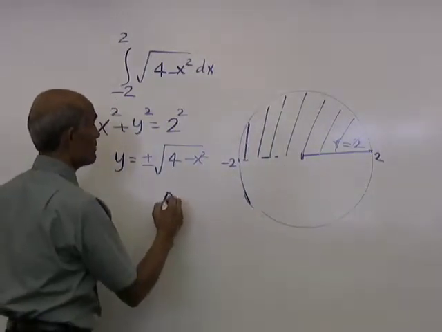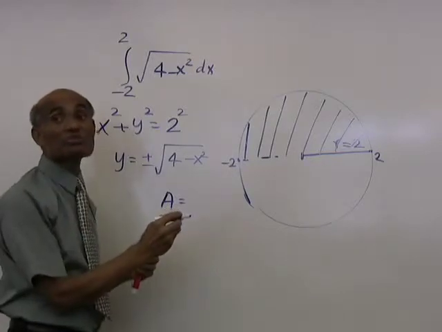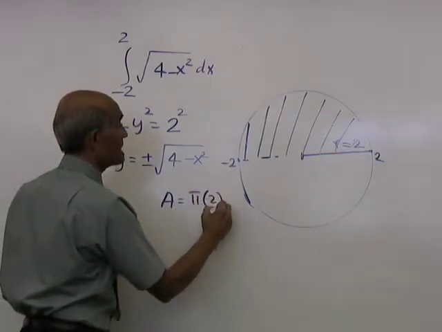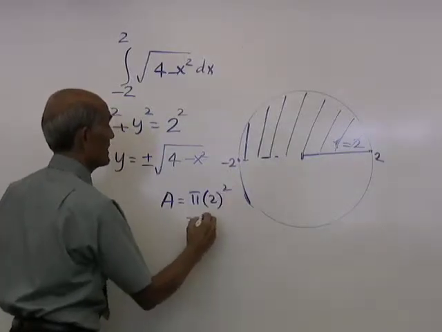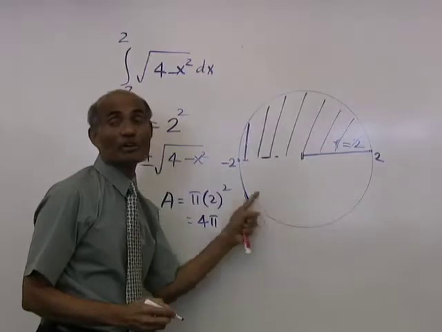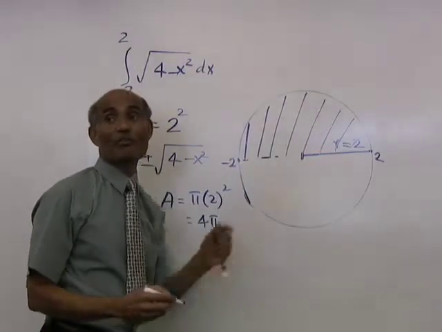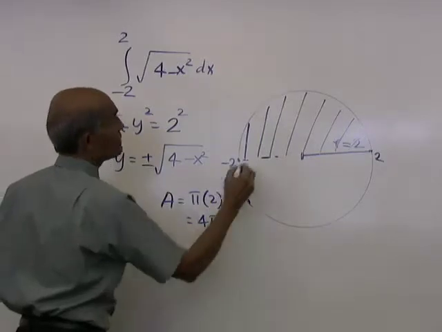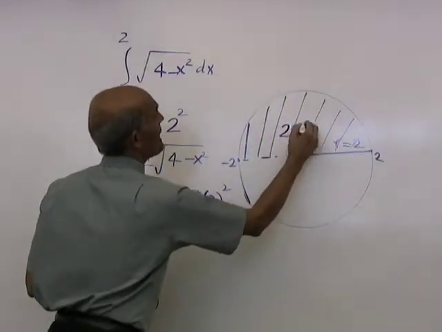Now, what is the area of a circle of radius 2? It will be pi r squared. Pi times 2 squared, that is 4 pi. 4 pi is the complete area. Therefore, what is the top part? The top part will be 2 pi.